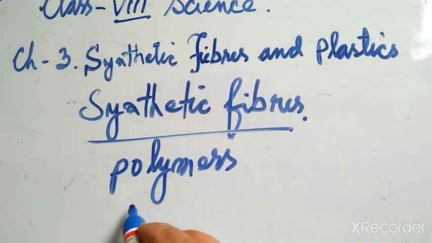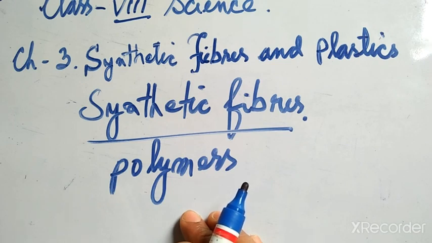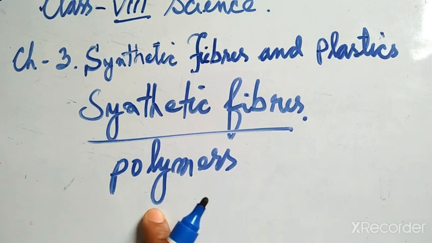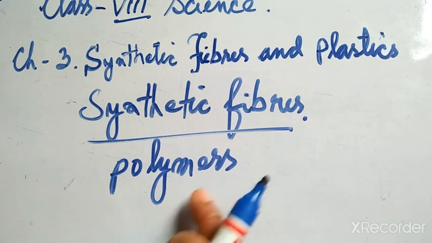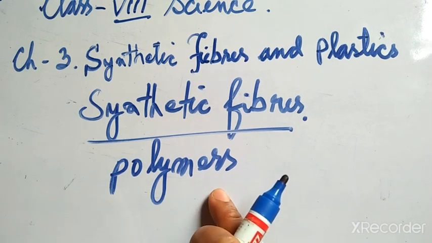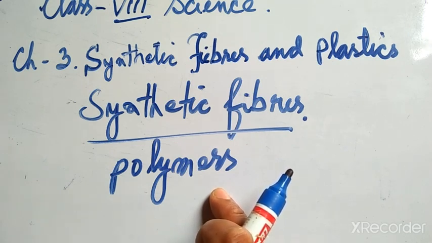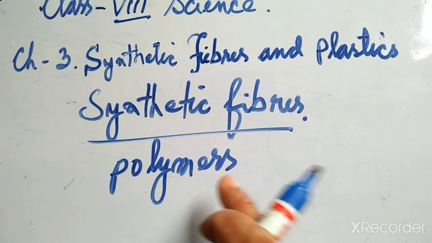The word polymer comes from two Greek words: poly meaning many, and mer meaning part or unit. So a polymer is made up of many repeating units. Polymers occur in nature also.